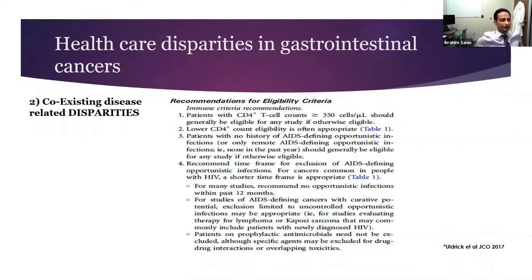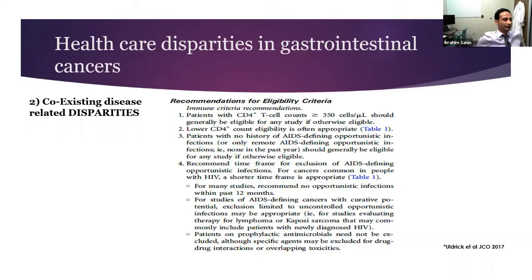ASCO and Friends of Cancer Research HIV working group created guidelines not to exclude patients with HIV just because of their disease, or rather to have a rationale and algorithm to include them in the trials, because this is basically labeling, unfortunately, just because of their disease.